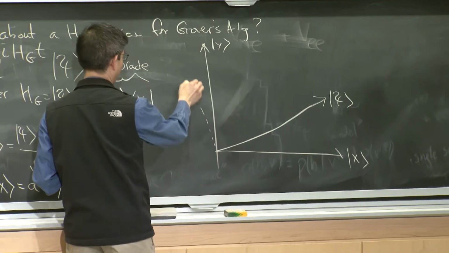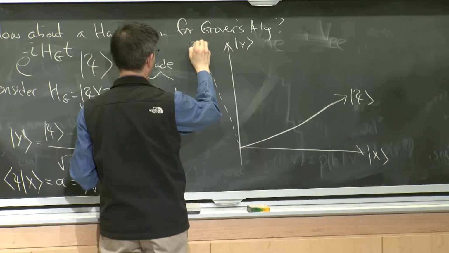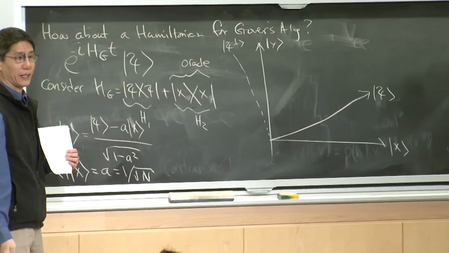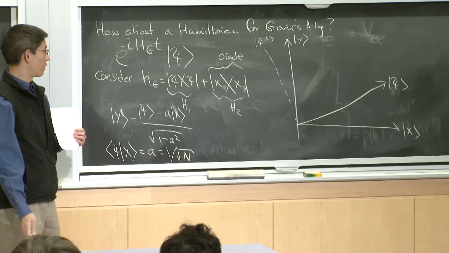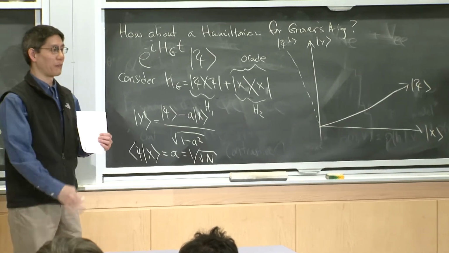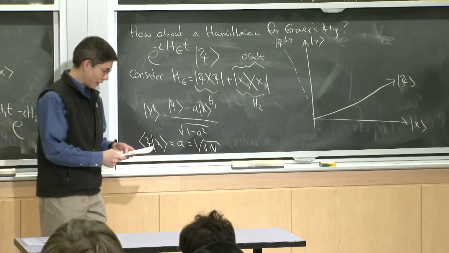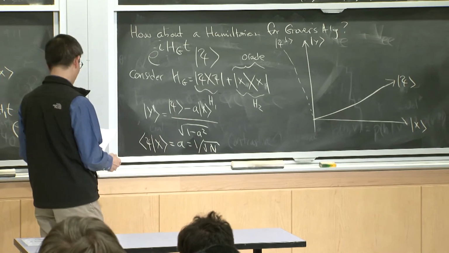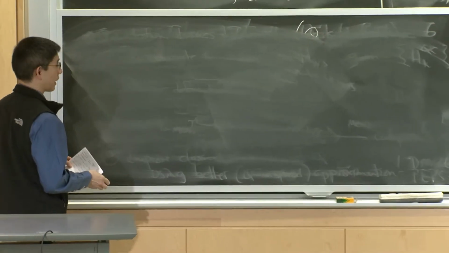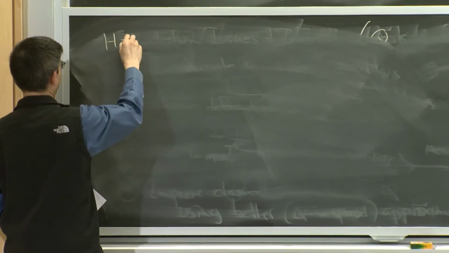And then we have another state, which is the orthogonal complement of psi, which we won't care too much about for now. And Grover's algorithm rotated you in this 2-dimensional space. And what I now want to show you is that the Hamiltonian will do exactly the same thing. So let's take our Hamiltonian and rewrite it.